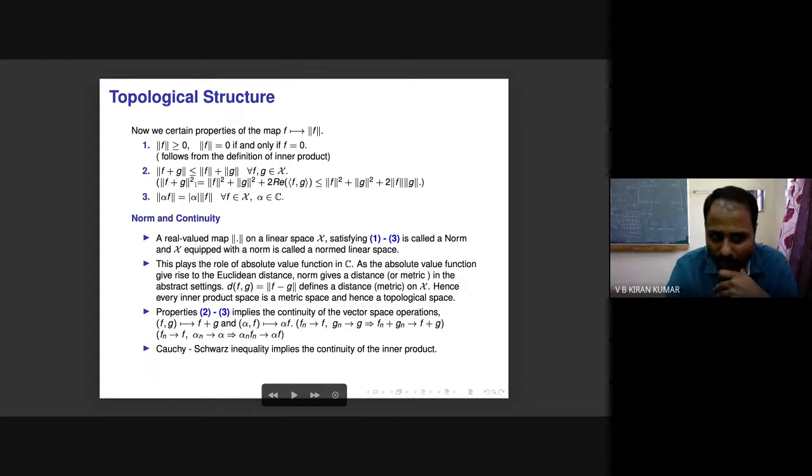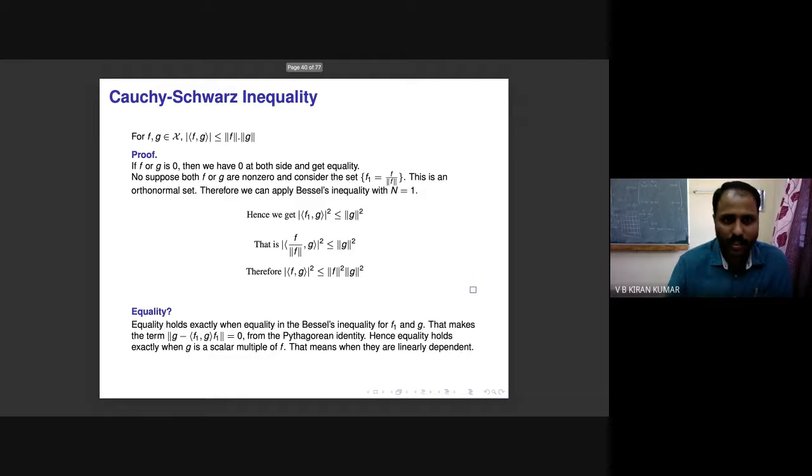And the second and third properties imply, as I mentioned yesterday also, that the maps (f, g) going to f plus g and alpha f going to alpha f are continuous functions with respect to this norm. And using the Cauchy-Schwarz inequality, you will obtain continuity of the inner product also. Just go back to the Cauchy-Schwarz inequality and look at this inequality.